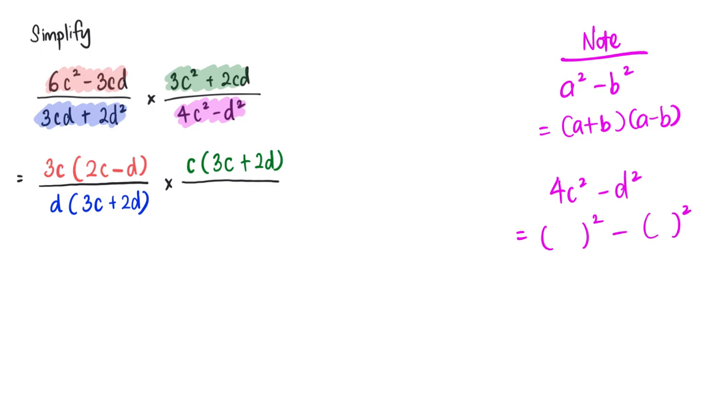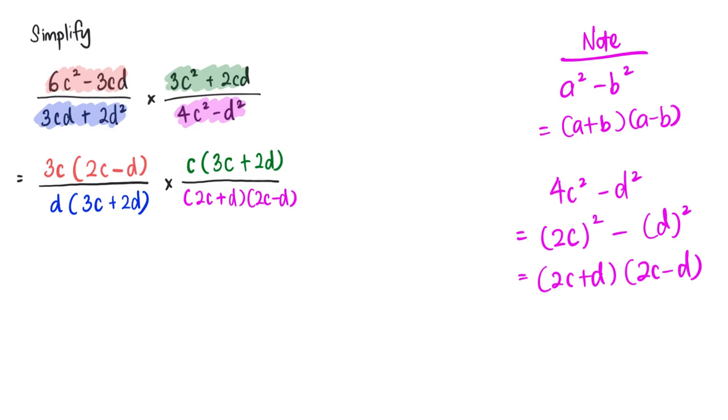How do I rewrite it? 2 squared. 2 times 2 gives me 4. c times c gives me c squared. So 2c bracket square. This one is pretty straightforward, is d. So from here, you will be able to get the factorized form. And therefore, I'm going to write this here. Alright.